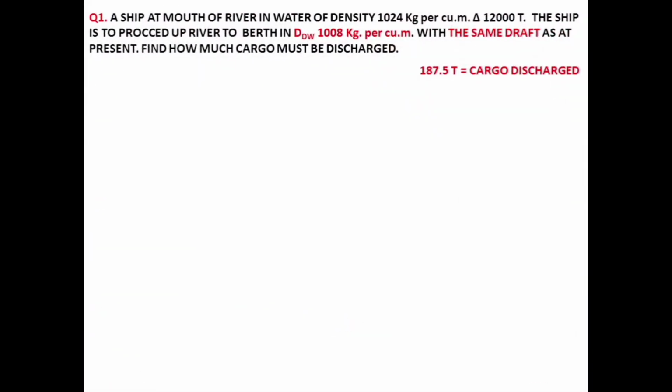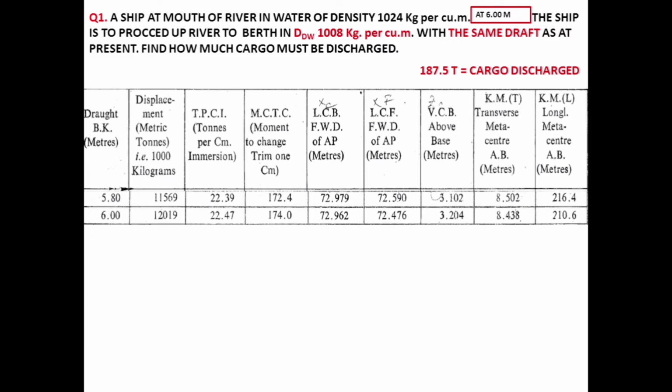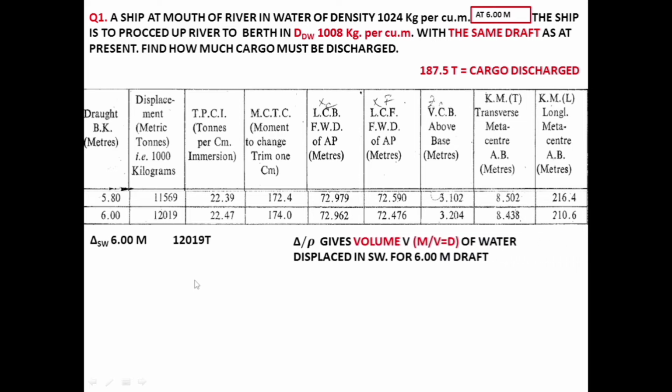Now this question, if it was to be done practically, you will not be talking in terms of it. You'll just say, okay, your ship is at a draft of 6 meters, and you want the same draft to be maintained when you are reaching the relative density of 1.008. So you will go into the tables, look up your displacement in salt water, and get the underwater volume displaced by dividing it by density.